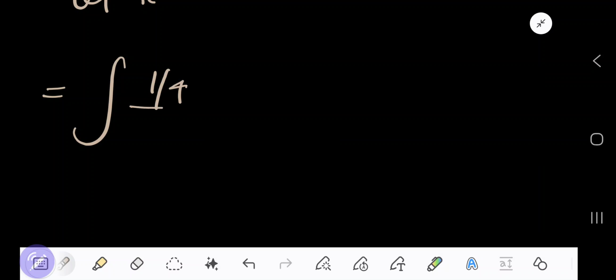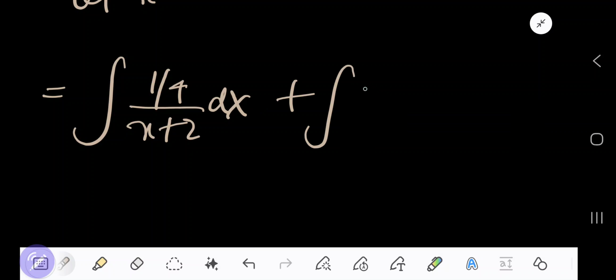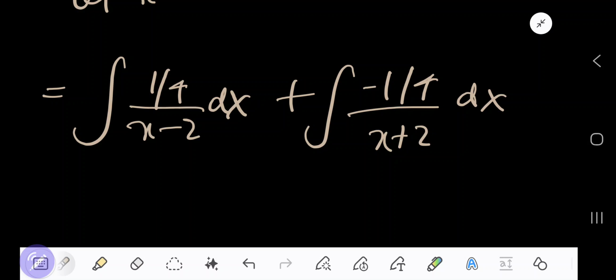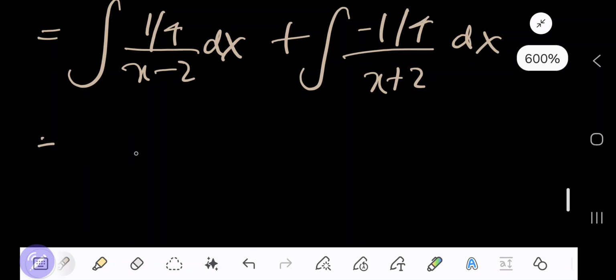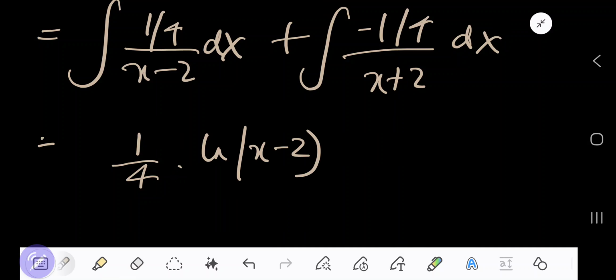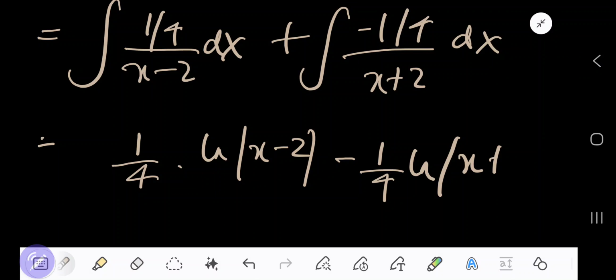So you have a and b now, so you can sub them in your original equation. So it's the integral of 1 by 4 divided by x plus 2 dx plus the integral of negative 1 by 4 divided by x minus 2 dx. Sorry, now on solving this, you'll get 1 by 4 times ln of absolute value x minus 2, minus 1 by 4 ln of x plus 2.